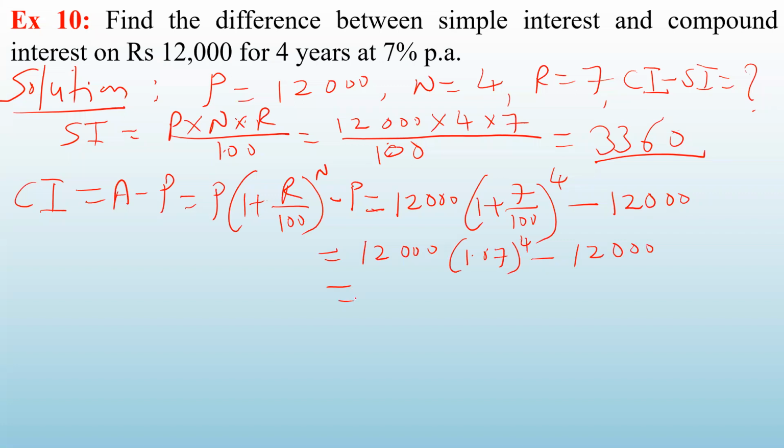Now 1.07 raised to power 4, you can calculate. That is coming as 1.31079601. You can write all the digits because you are using the calculator.